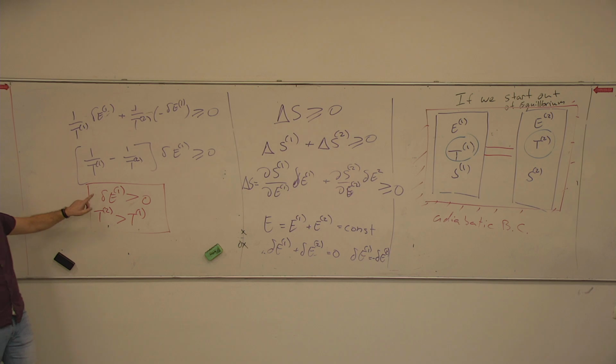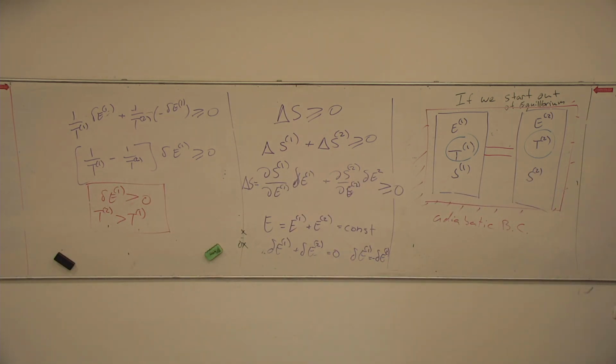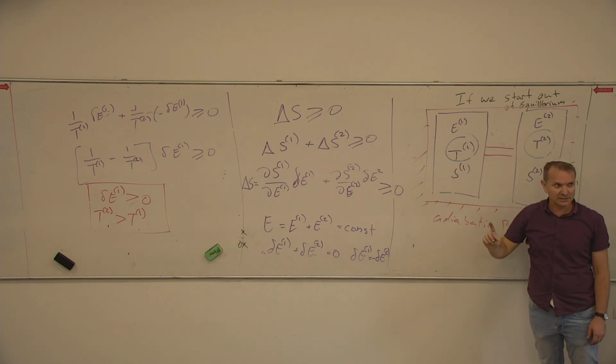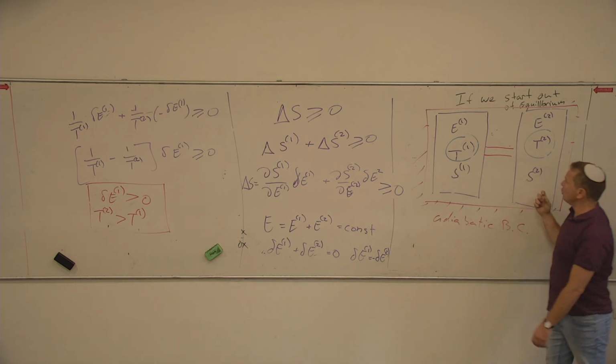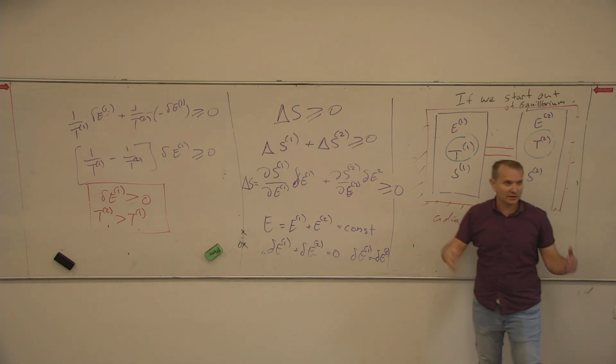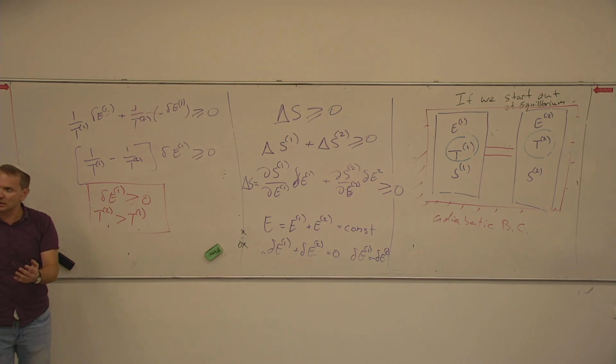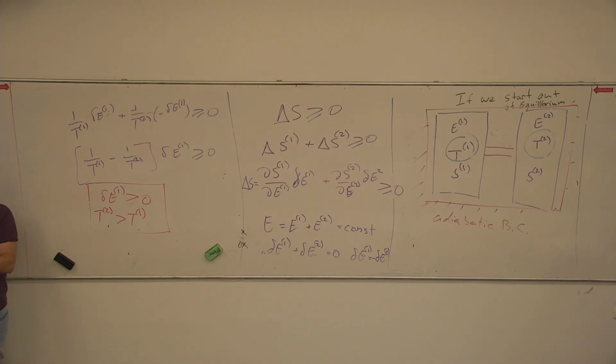So what it means, again, is that I started with two systems. The systems somehow equilibrated. They equilibrated by some portion of the energy flowing in terms of heat from the right hand side to the left hand side. It means that the temperature on the right hand side was higher than the temperature on the left hand side. Right? A trivial fact. But since we don't really know what temperature is, it's some derivative, it's reasonable for us, but we got it.